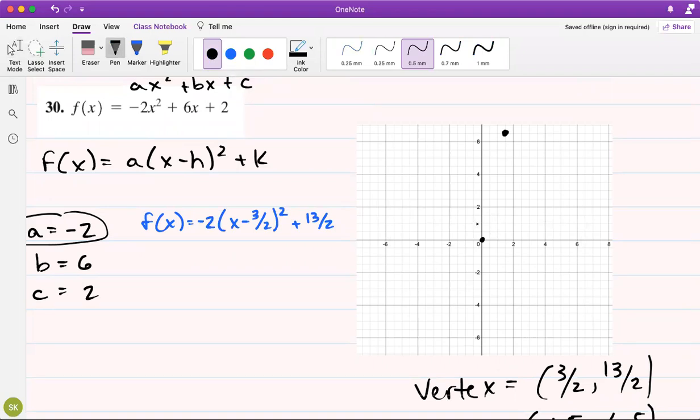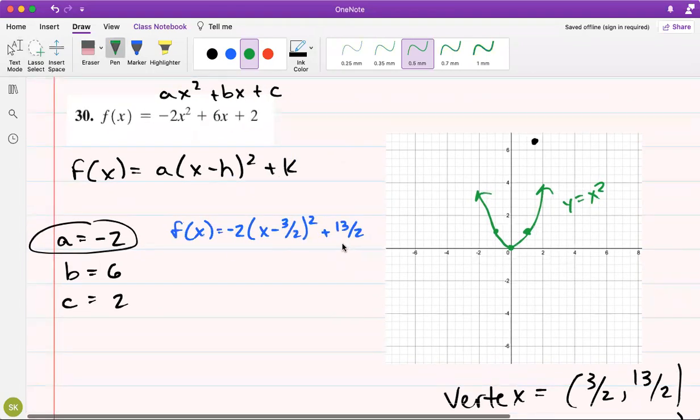So we start by using the parent function. Okay, let me do these in green. So this is the parent function, y is equal to x squared. Now, how do I get y is equal to x squared to look like this? Well, there's a lot of things I can do.